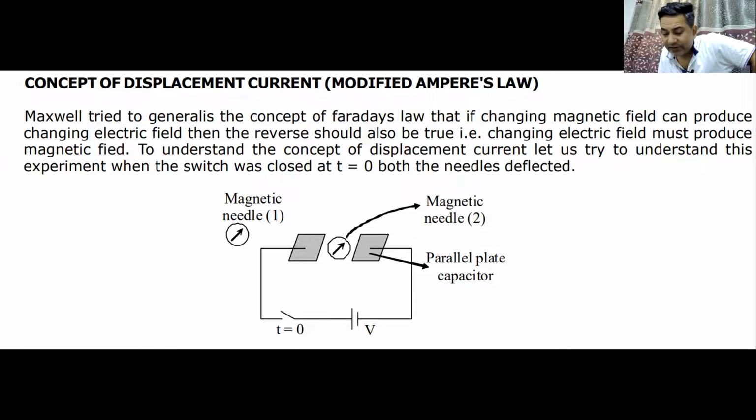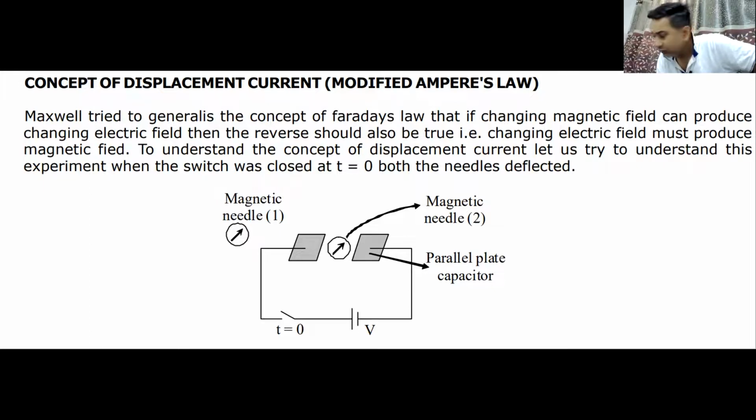So, what is happening here in displacement current? If you have a changing magnetic field with time, that will create an electric field. If you have a changing electric field with time, that will create a magnetic field. So both of these things are happening together.